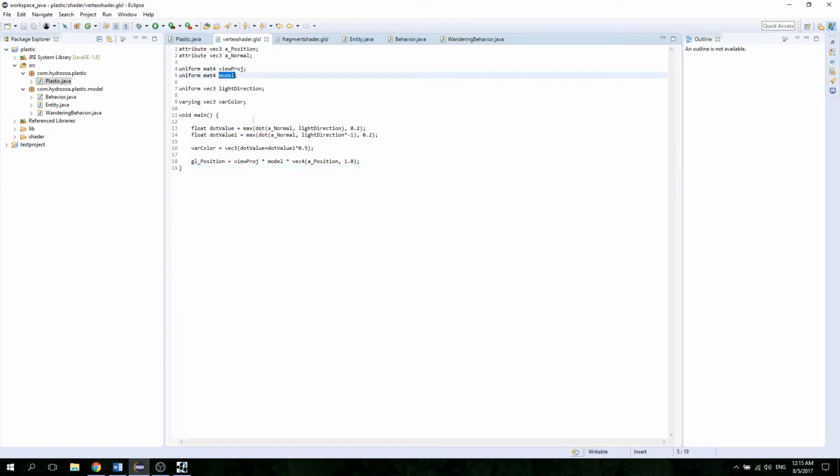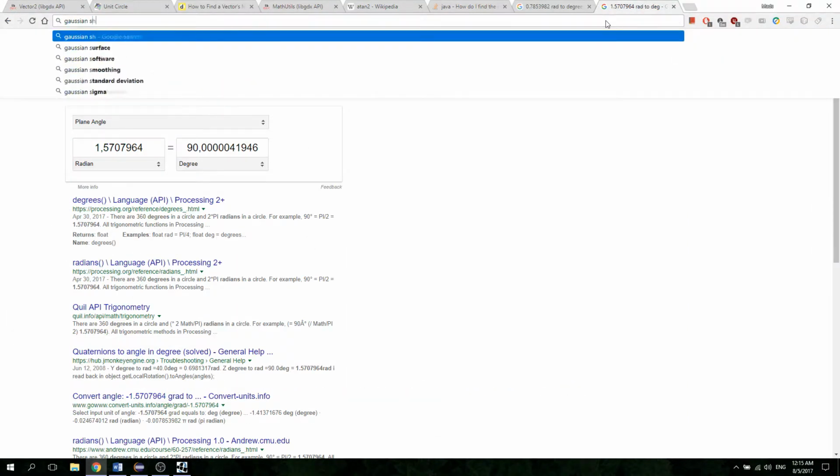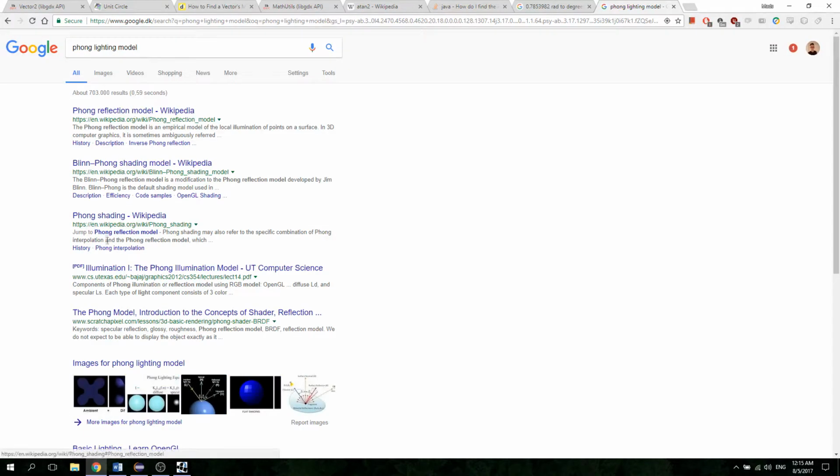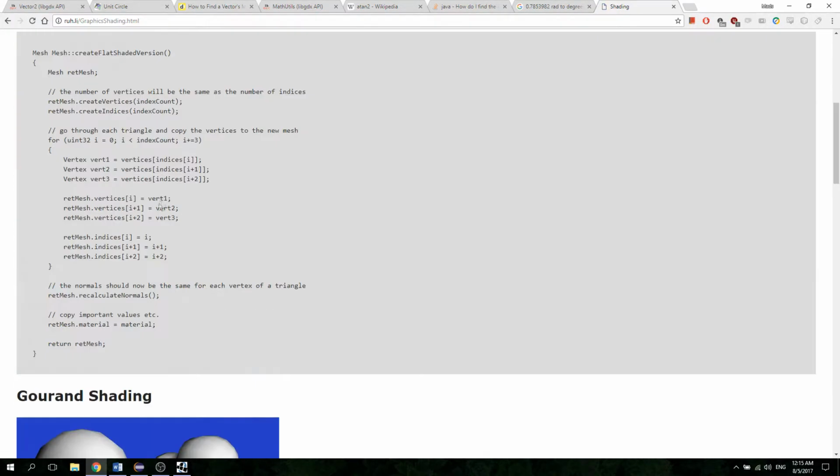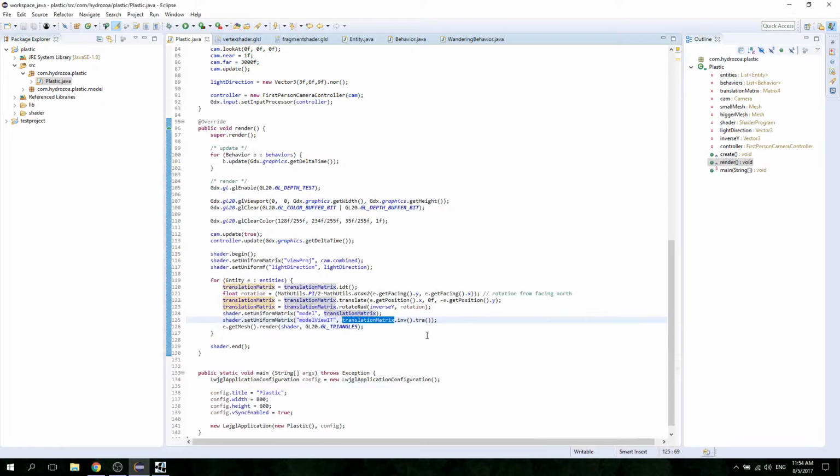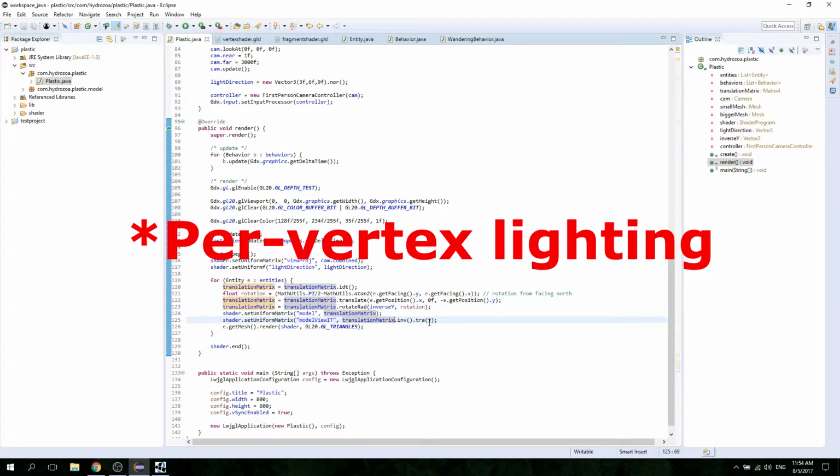Now I wanted lighting, and I ended up deciding to use Gouraud shading, which is also sometimes called per-vertex shading.